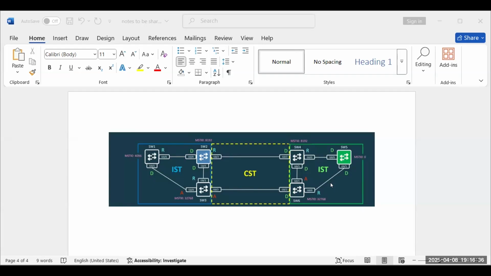Root bridge in the sense that it will be acting as an exit interface to the regional root switch, or like we said, the region itself is a logical switch. So the exit interface to the regional root switch will be elected as the root bridge for this particular region. Exit interface for the regional root.